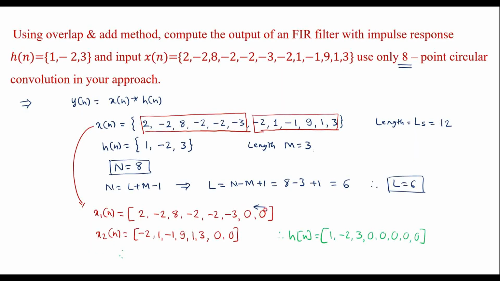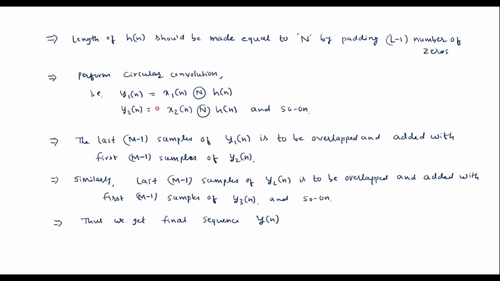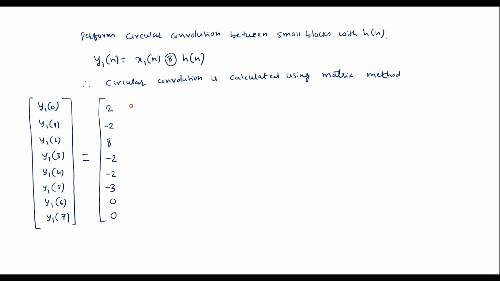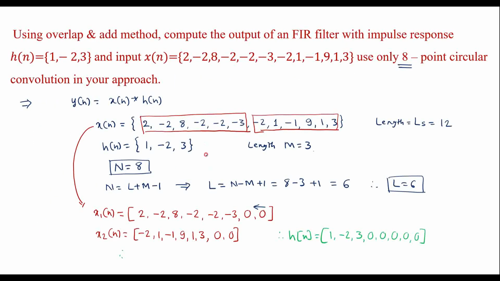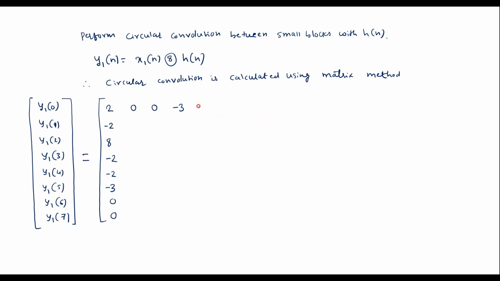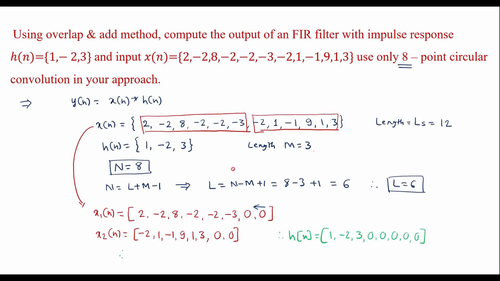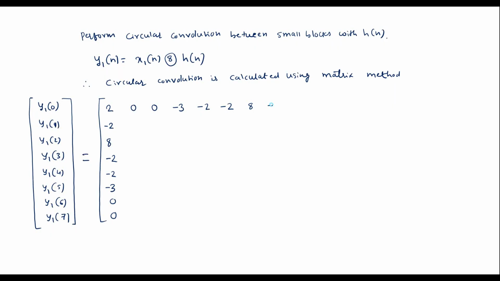That is, we start from 0, 0, minus 3, minus 2, minus 2, 8, minus 2, 2. So this will be a square matrix. This is 8 cross 1, and this will be an 8 cross 8 matrix.